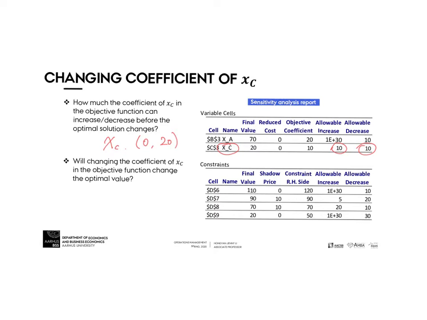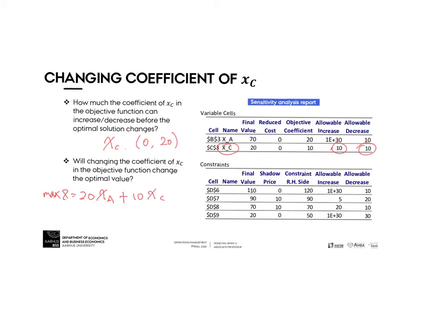And the next question, will changing the coefficient of xc in the objective function change the optimal value? This actually is another question. If you remember your objective function, maximize z equals 20xa plus 10xc.